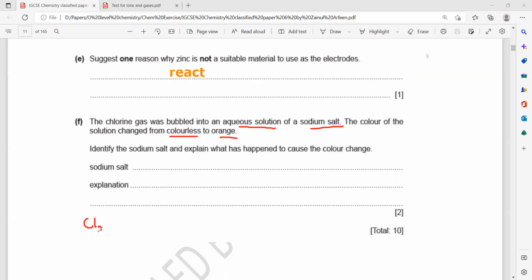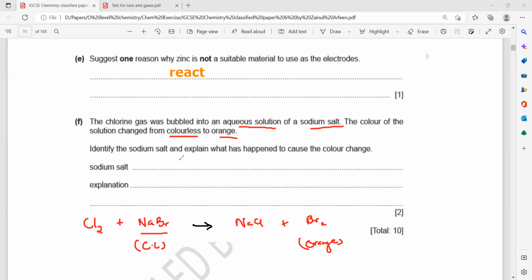For example, if it is sodium bromide, NaBr, and we bubble chlorine gas through it, as a result of the displacement reaction, chlorine is more reactive, so it will produce sodium chloride NaCl plus Br2. So what is the observation here? The sodium bromide is colorless, but bromine, when it is formed in the solution, is orange or brown. So the colorless turns into orange.